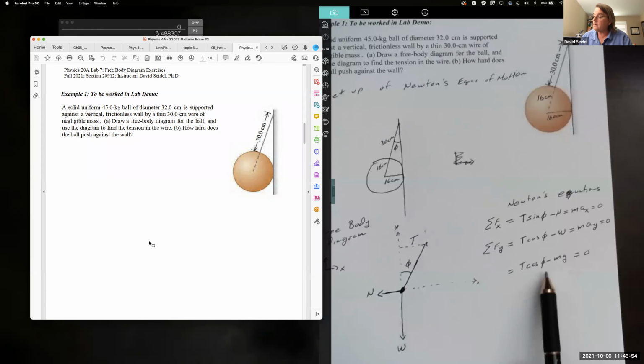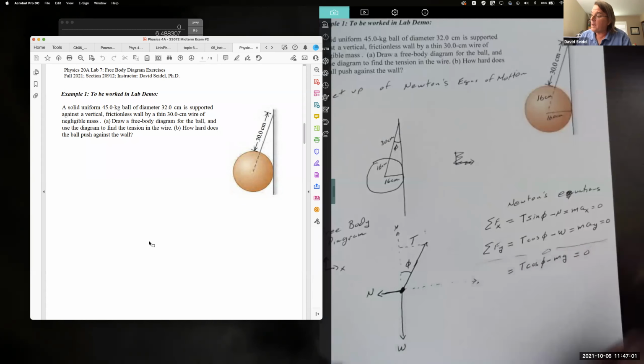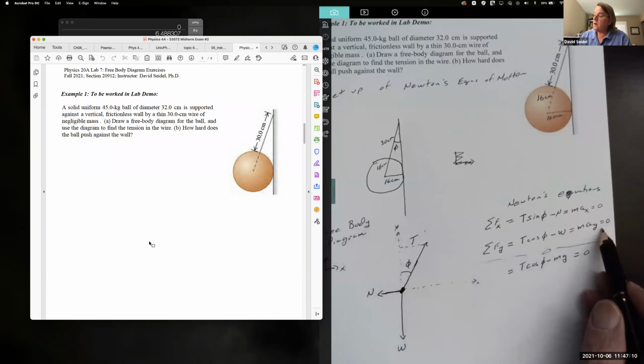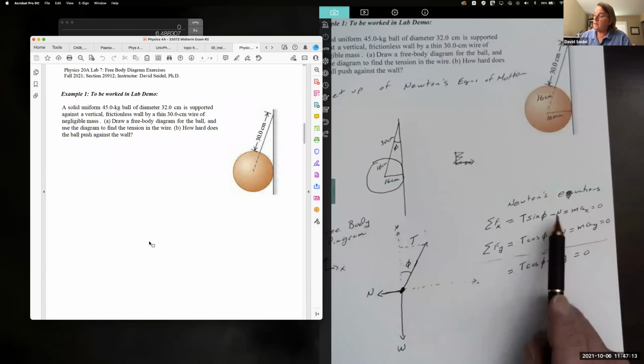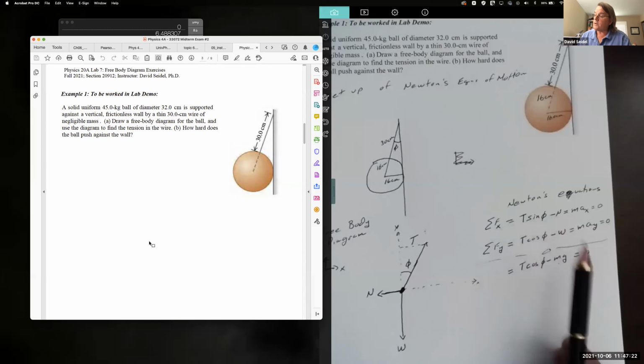Okay, you can go forward and solve for each of them, but this is where you finish the lab. I want you guys to practice on setting up the problem. These are your equations, okay? I have mg here. T is an unknown. I have a normal force as an unknown. Both the accelerations are 0. M and g are known.